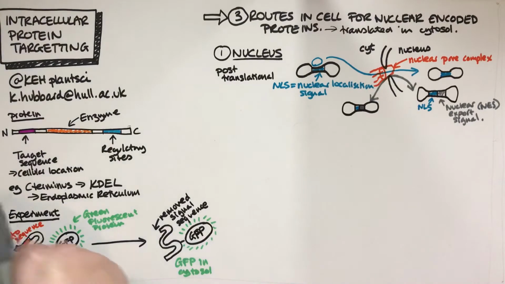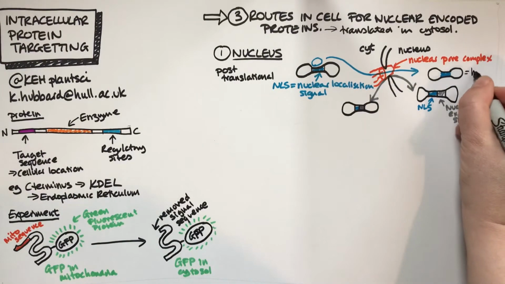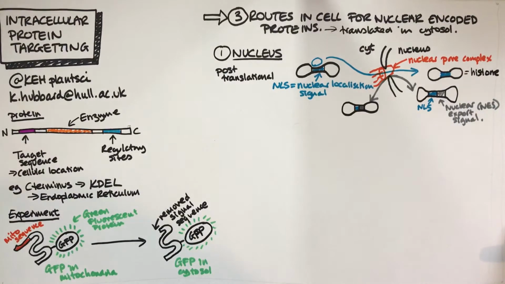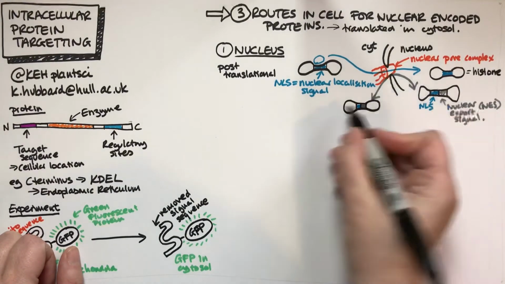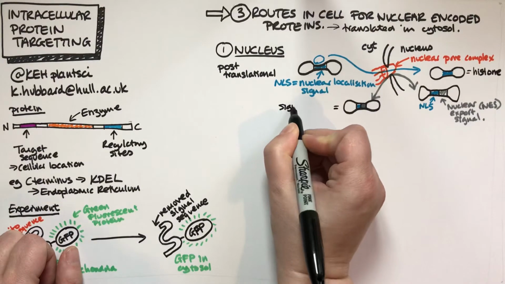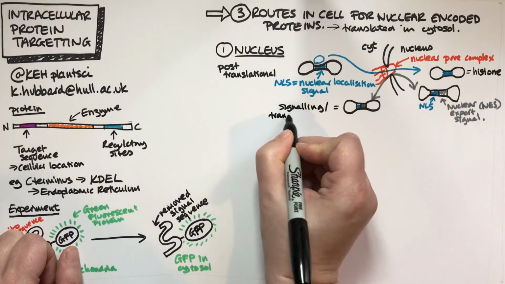Okay, so the nucleus, we can either have just straightforward imports, so that might be a histone protein. Okay, so histones don't need to come in and out of the nucleus, they can stay in the nucleus and package the DNA, whereas this sort of protein might be a signalling protein, or it might be a transcription factor.